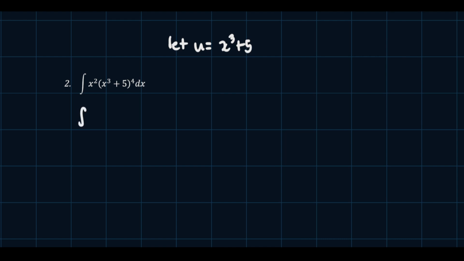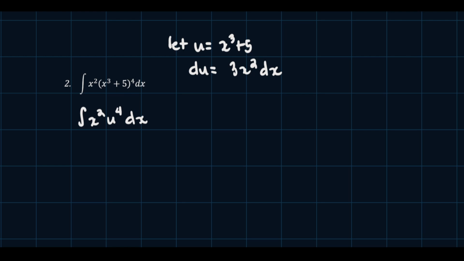So, yung ating x cubed plus 5 to the fourth, that will be u to the fourth. Tapos, kopyahin ko muna to as x squared. Then, may dx tayo dito. Then, we get the derivative of u with respect to x. So, we get here 3x squared dx.